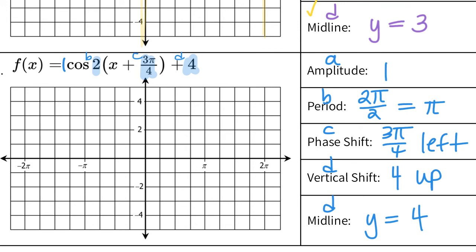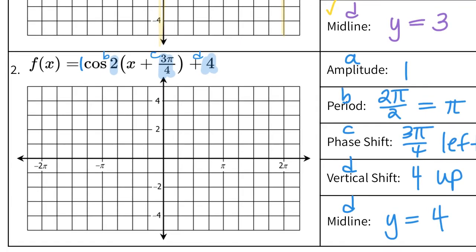So now using all this information, let's draw in some guidelines for ourselves. So starting with midline, midline at 4. Okay, and I'm going to label that with an M. Phase shift 3 pi over 4 to the left.